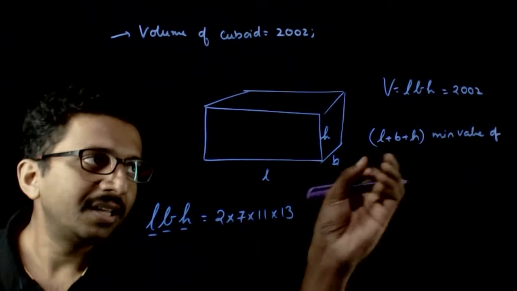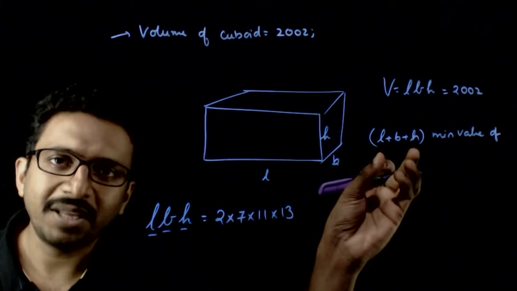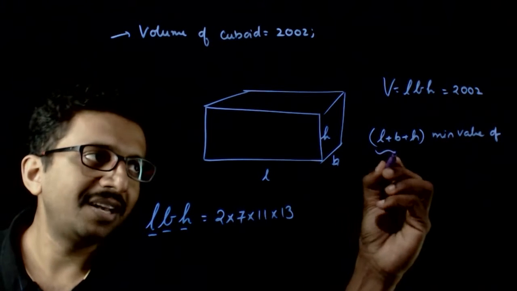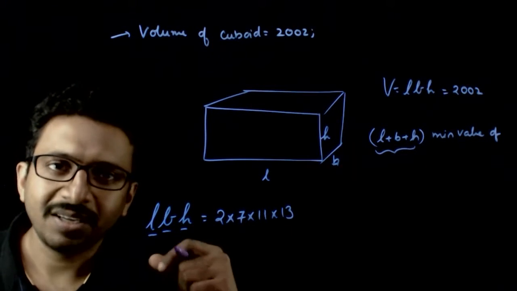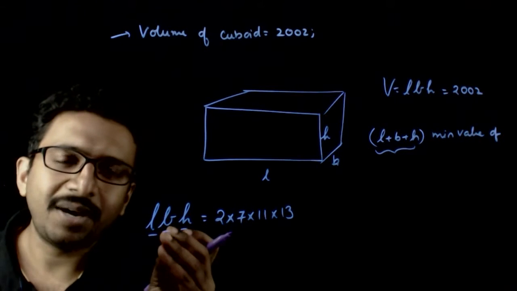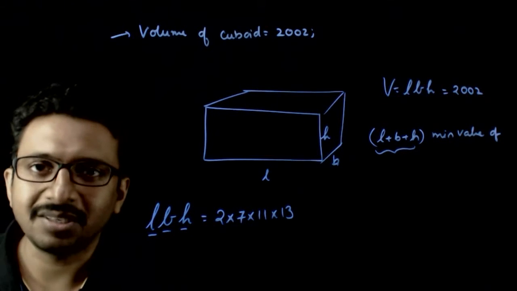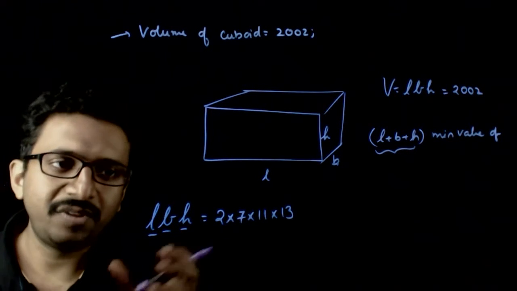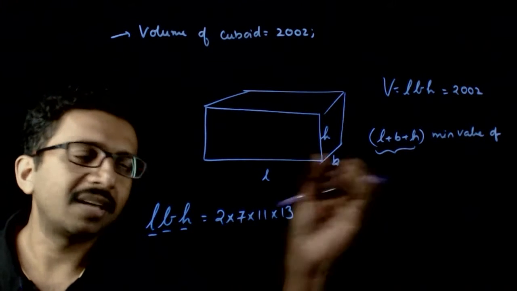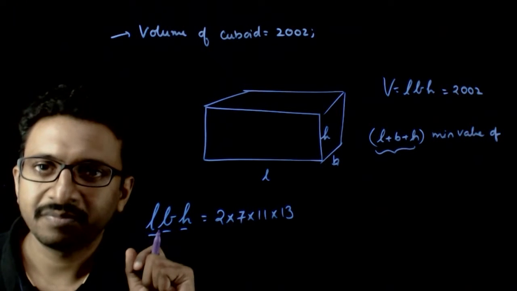If you want the least value of length plus breadth plus height, the theory is that length, breadth and height should be as close to each other as possible. If they are closer to each other, then the sum will be minimum.